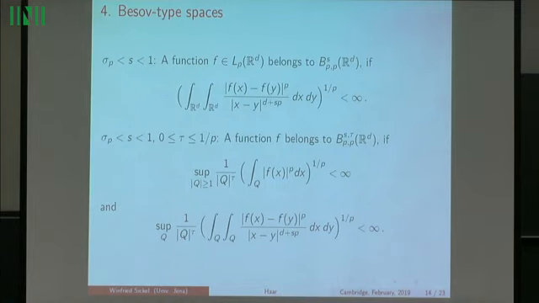Besov-type spaces. What are Besov-type spaces? It's not so important to understand the concrete definition, it's more important to understand the philosophy. If we consider the most simple case, so s is less than 1, but we are in the region of regular distributions, then a function f belonging to L^p belongs to this Besov space with p equal q if and only if this quantity here is finite.